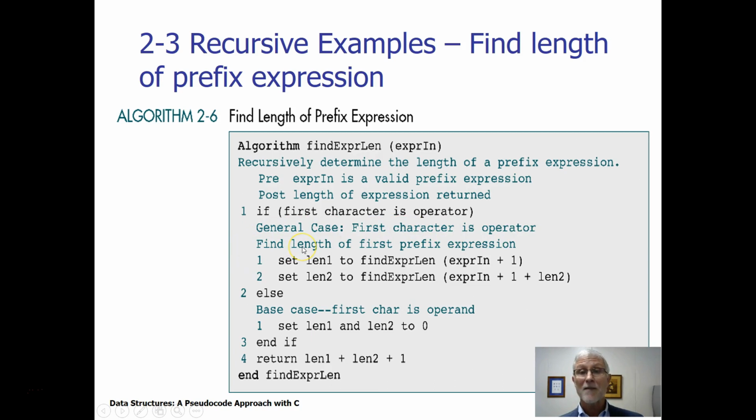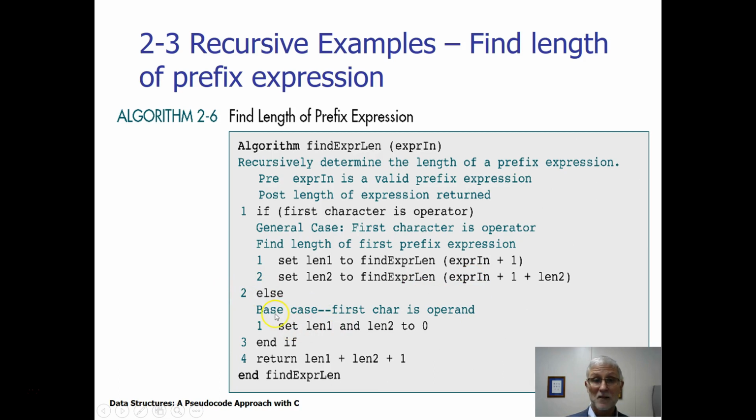So of course, now I have to find the length of that expression. So I set length 1 to whatever the length of that expression is plus 1. And length 2 is the expression plus 1 plus that length 2. So I'm calling myself. I'm going to call the routine. Here's my recursive call in that general case.